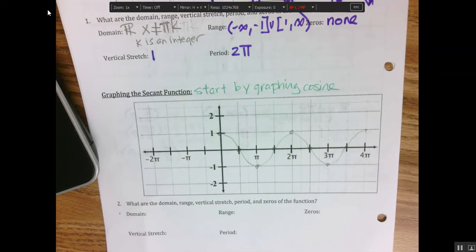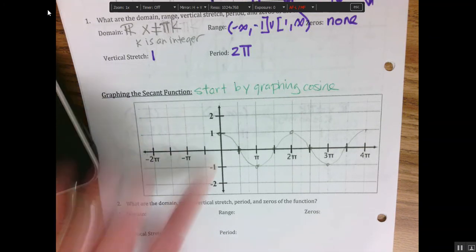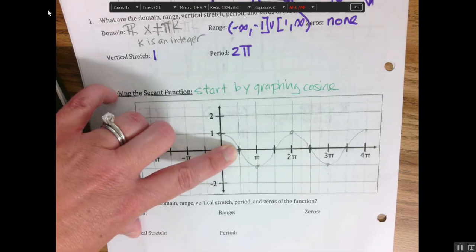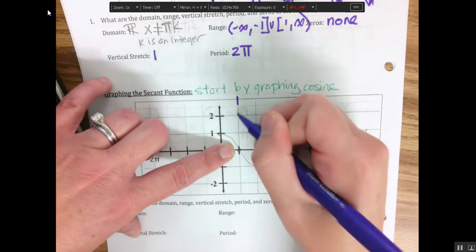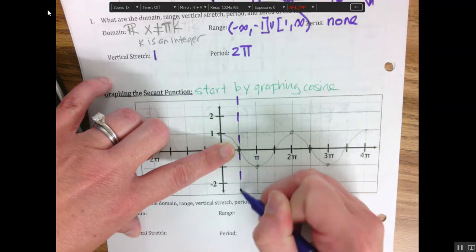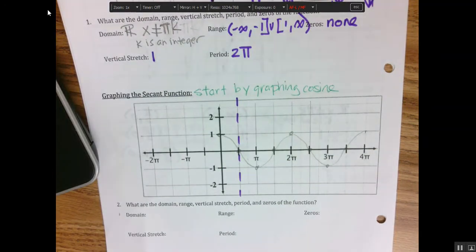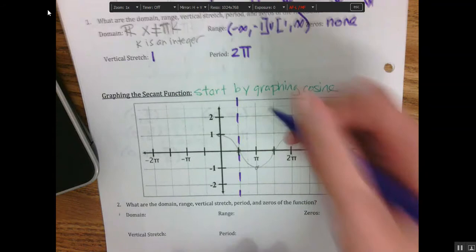Okay, where am I going to have an asymptote? Well, the reciprocal of 0 is undefined, so I'm looking for the zeros of the cosine. Where's the first one? Pi over 2. Yep. So right here, the cosine is 0, that means the secant's undefined, so I'm going to draw an asymptote. Where's the next one? 3 pi over 2.